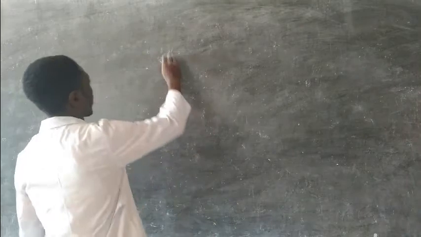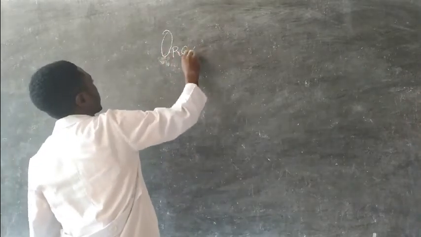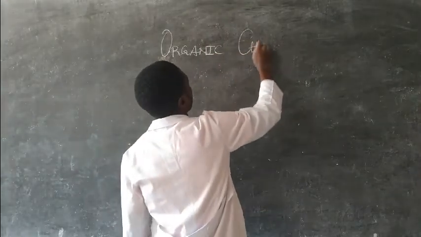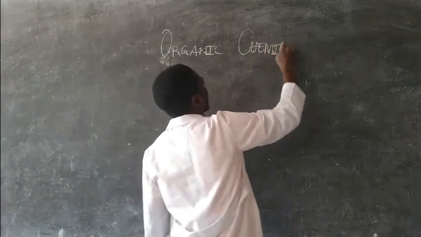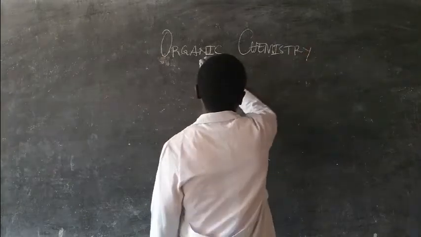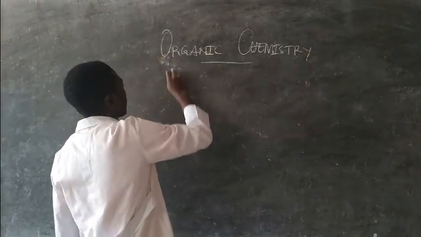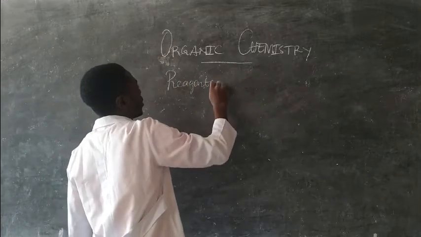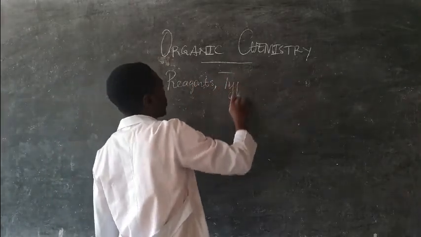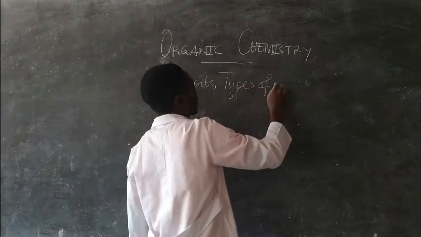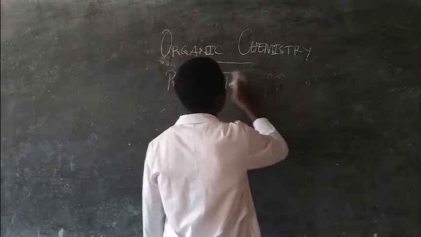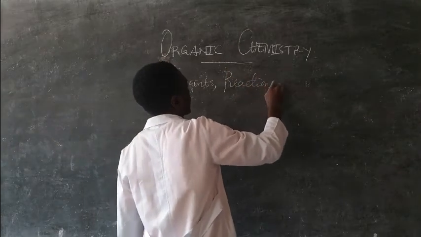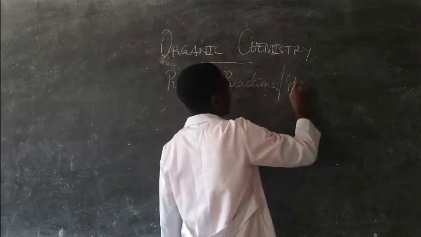So let's talk about organic chemistry, and what we're talking about is reagents, types of reaction, or let's say reactions, and reaction mechanisms.